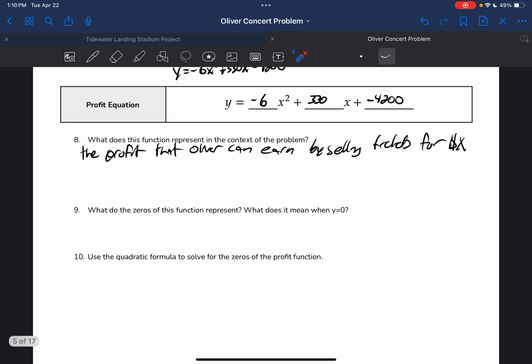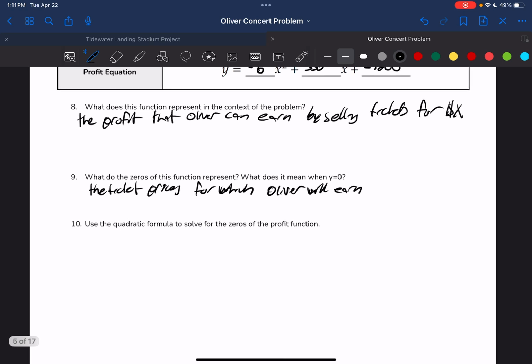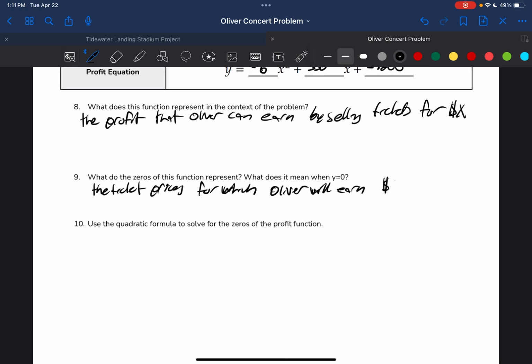So we're going to think about, what do the zeros of this function represent? What does it mean when Y is equal to 0? Well, if Y is our profit and Y is equal to 0 and it's a function of X, then the zeros represent the ticket prices for which Oliver will earn $0.